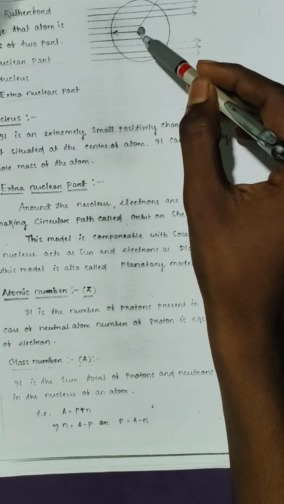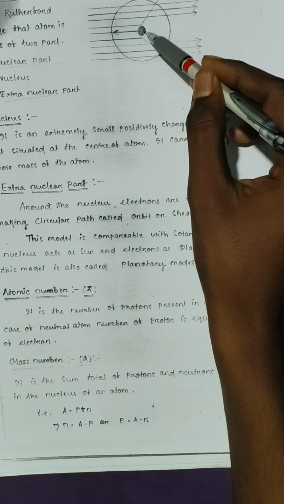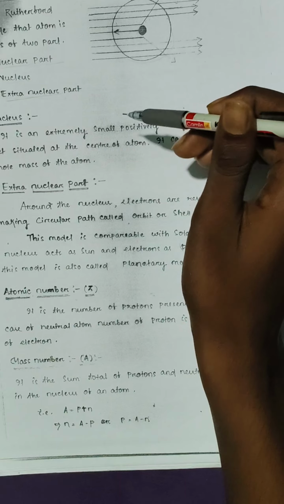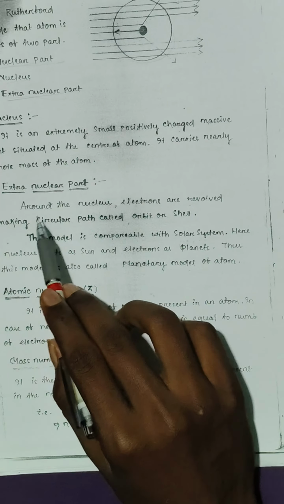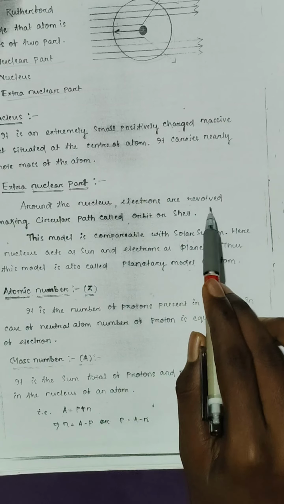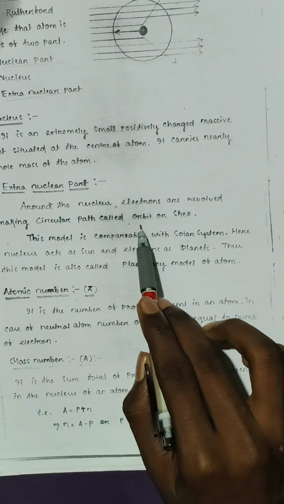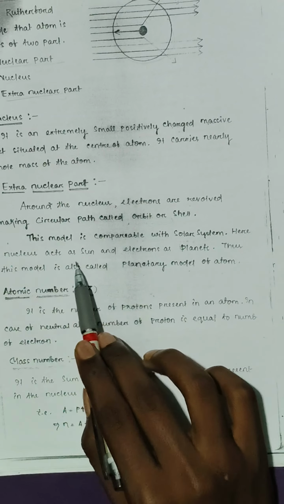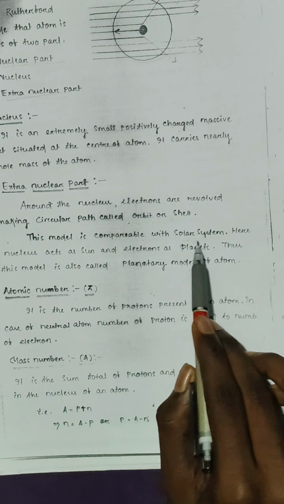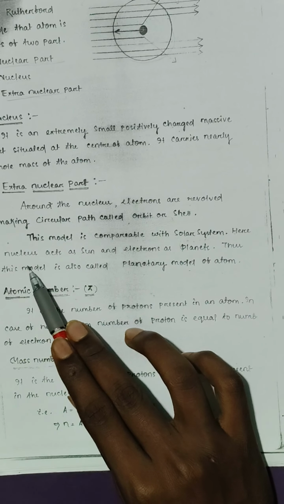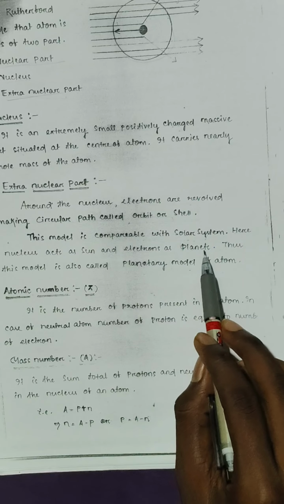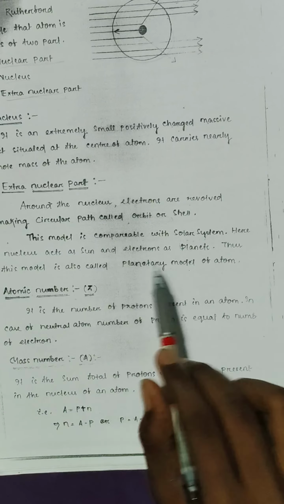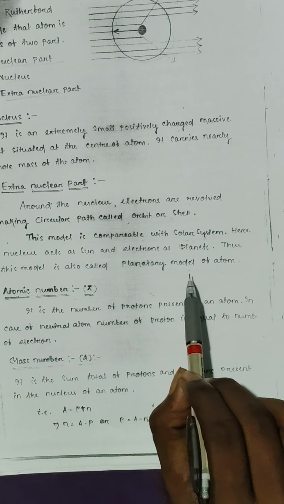He explained that the nucleus is made up of protons. In the extranuclear part, electrons revolve around the nucleus making a circular path called orbit or shell. This model is comparable with the solar system, where the nucleus acts as the sun and electrons act as planets. Thus, this model is also called the planetary model of atom.